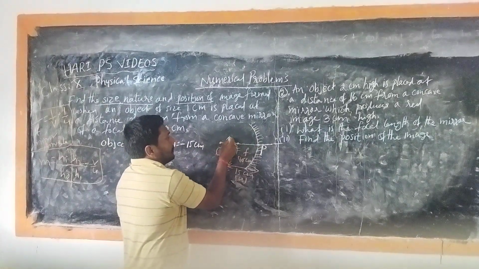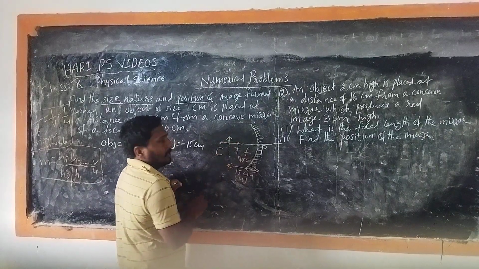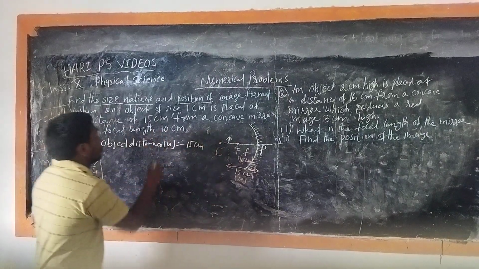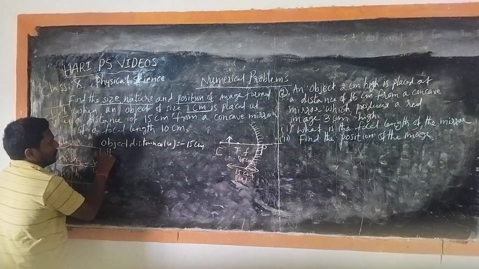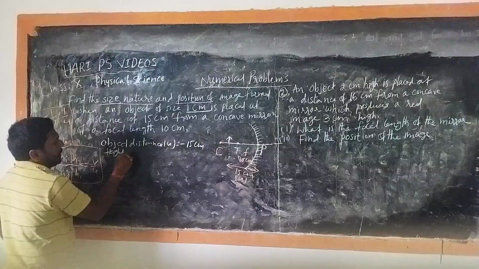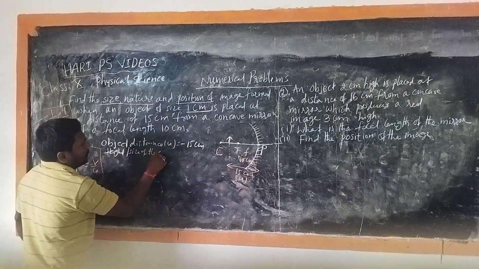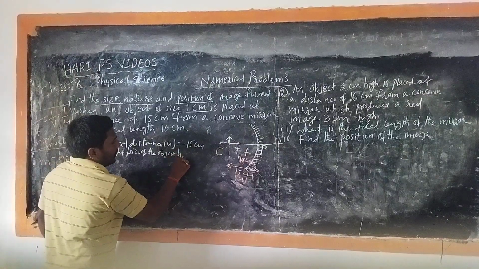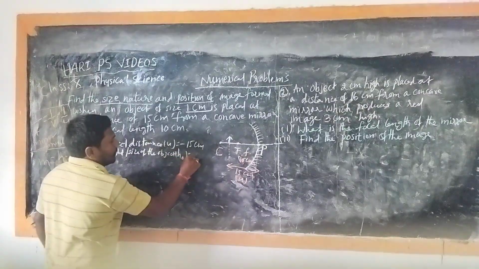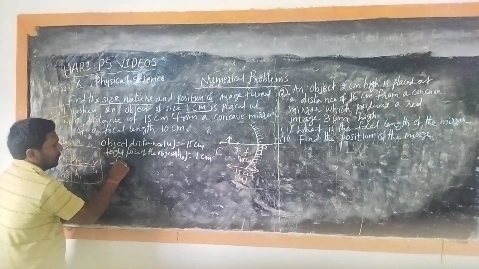Right? So what is the height of the object here? Height of the object is 1 centimeter. Height or size of the object, h o or h1, not to worry, no problem, 1 centimeter.